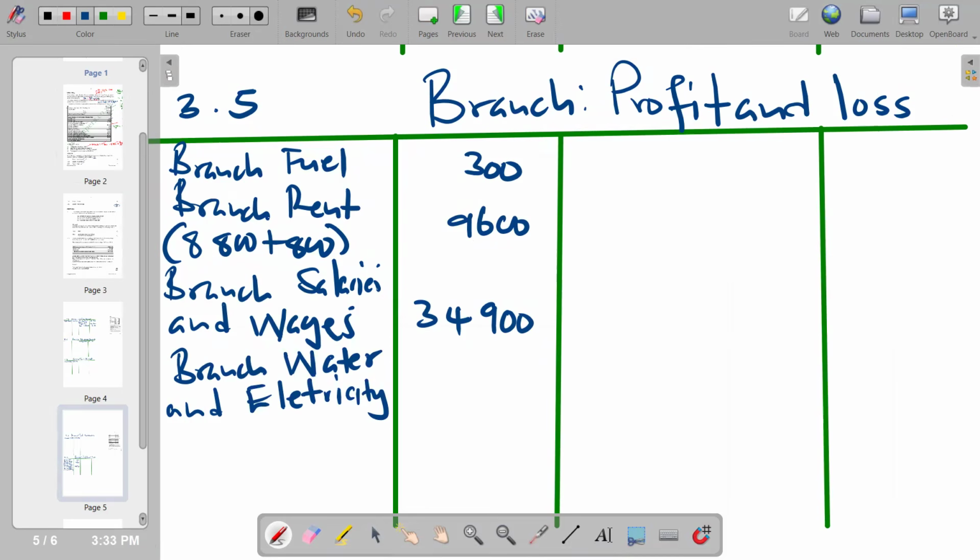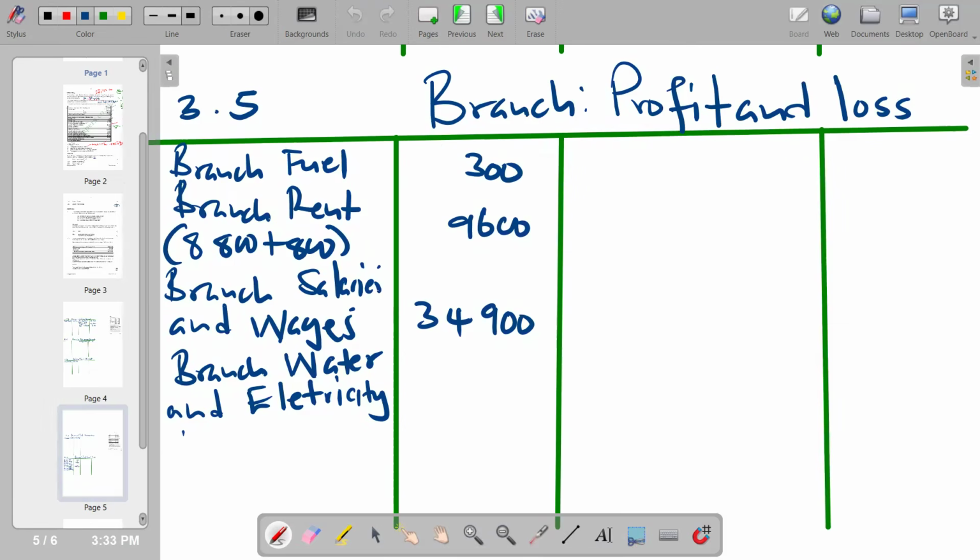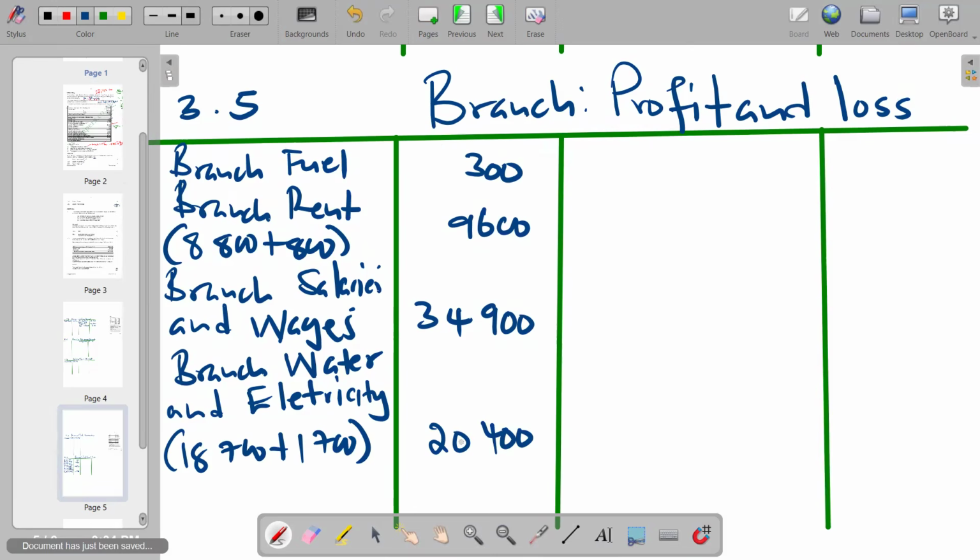Branch water electricity, which is, now we are adding 1,700 to the figure that we have here, 18,700 plus 1,700. So let's add the 2 and see what total we get. We're going to get 20,400. So that's the figure that we are supposed to have for water and electricity for the period.